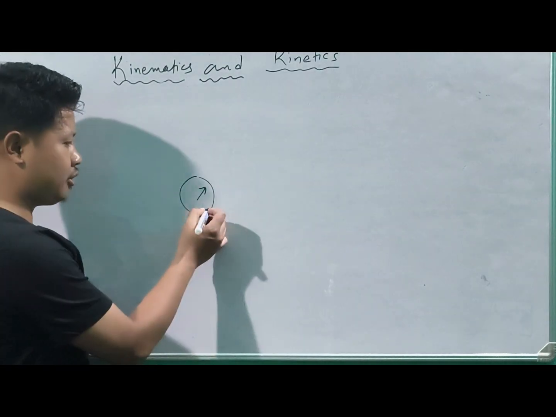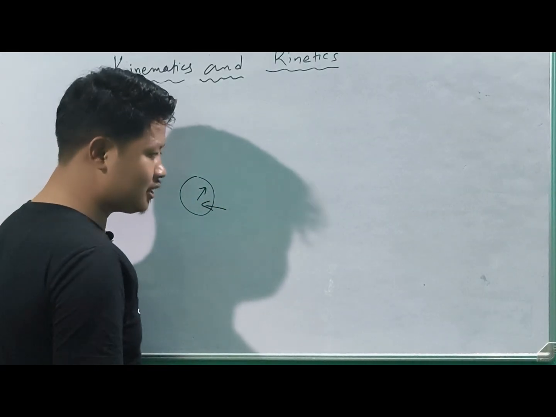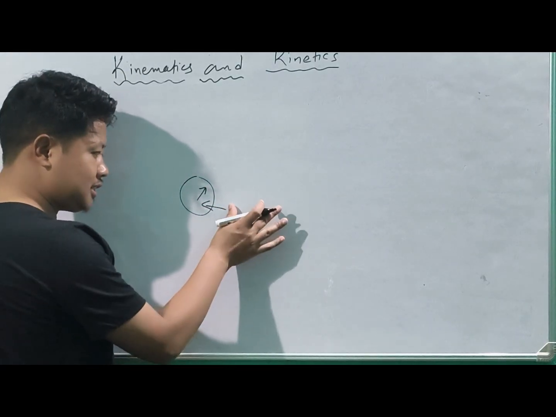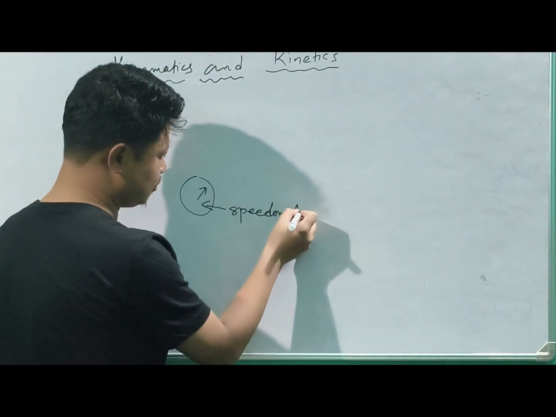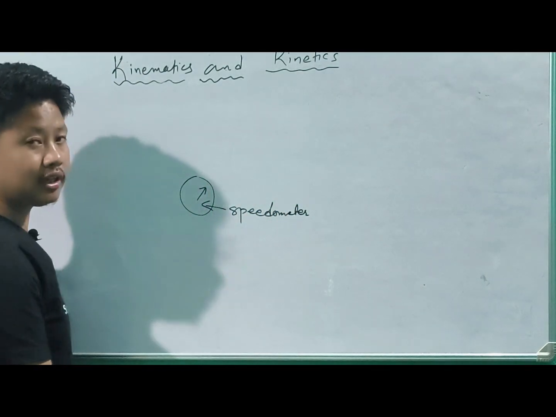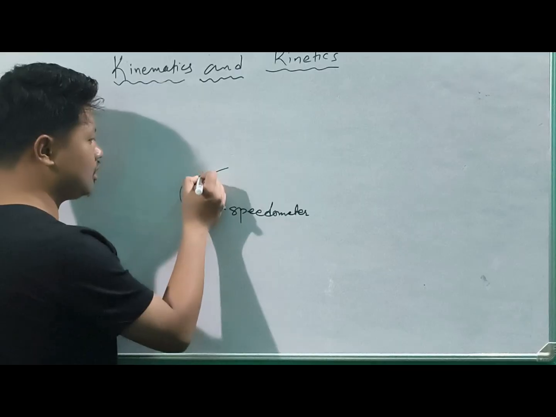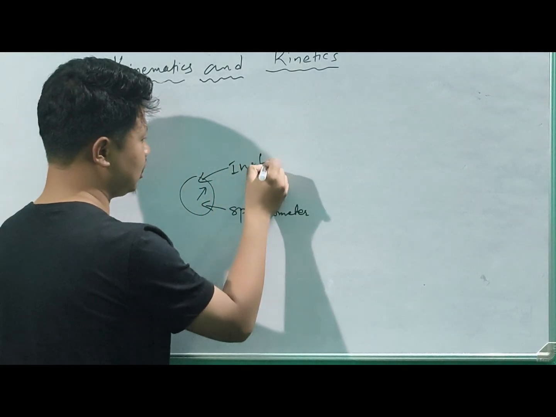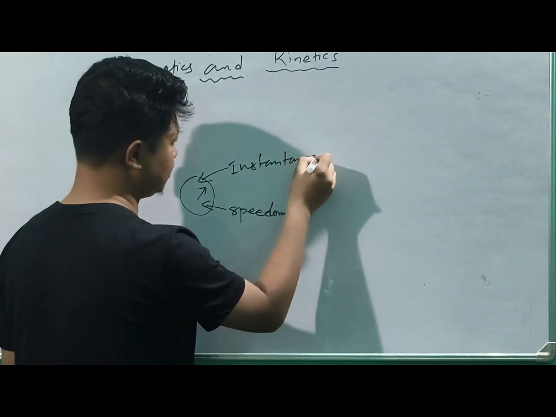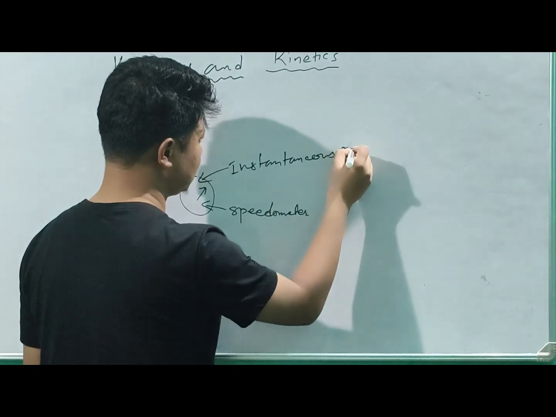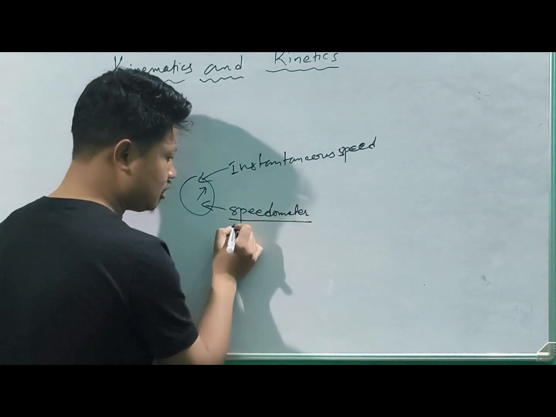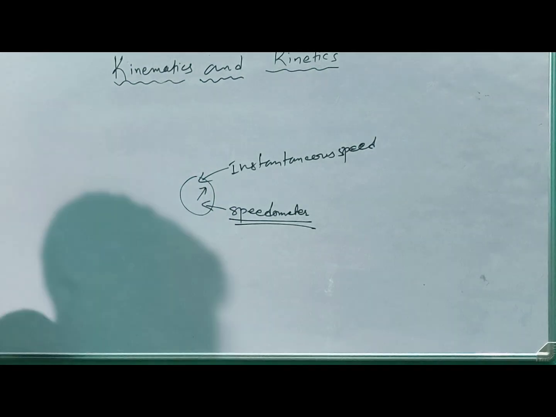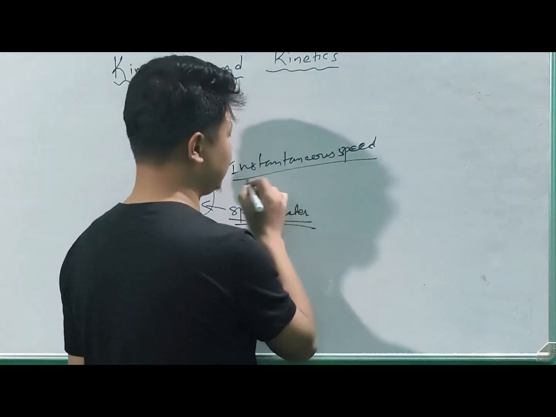But what do you call this meter and what does it measure? This is called a speedometer. The speedometer is used to measure the instantaneous speed. Do you get it? A speedometer is a meter which measures the instantaneous speed of any vehicle or car.